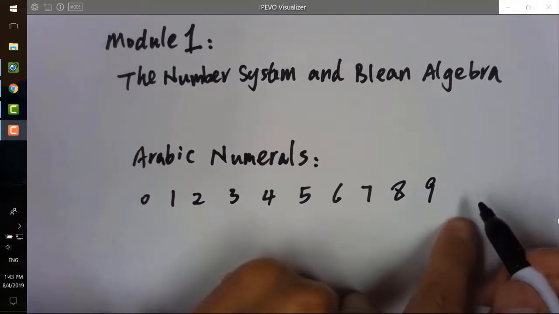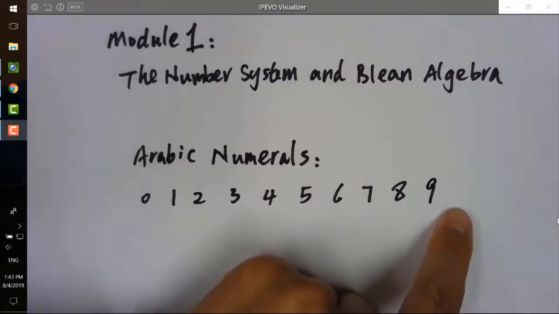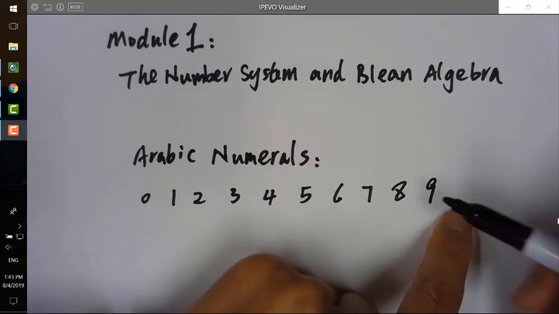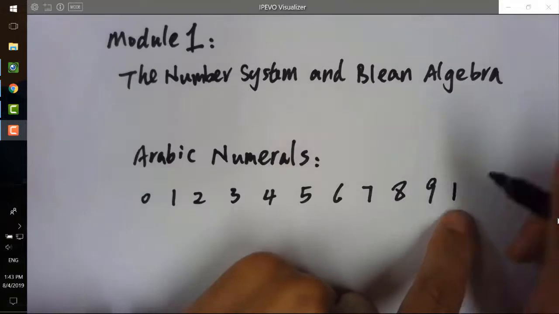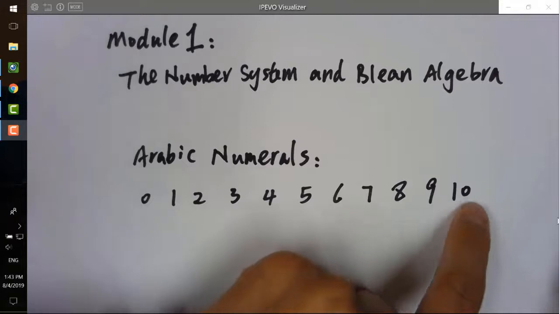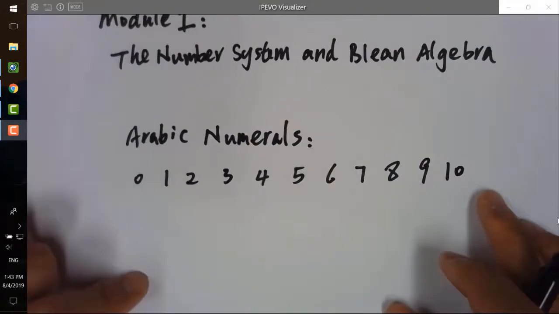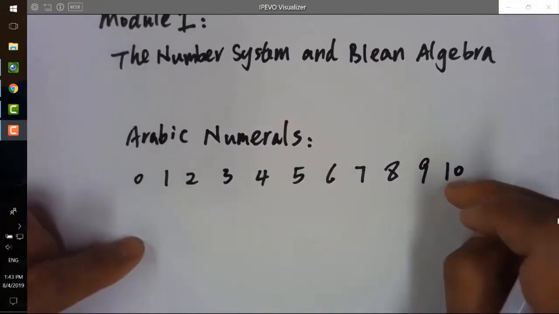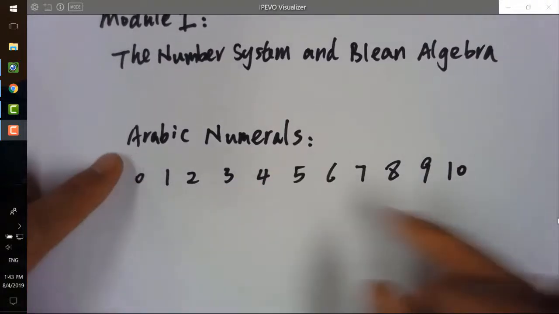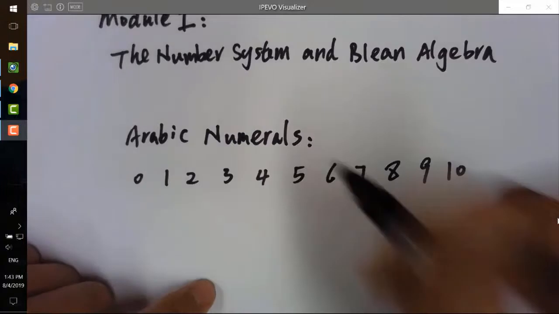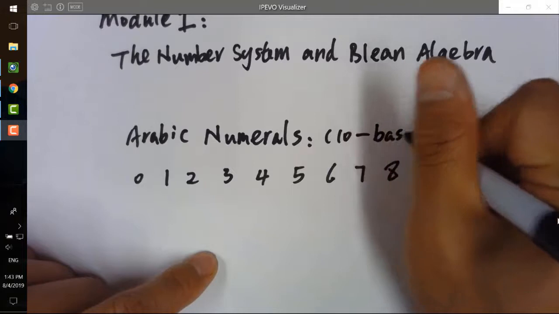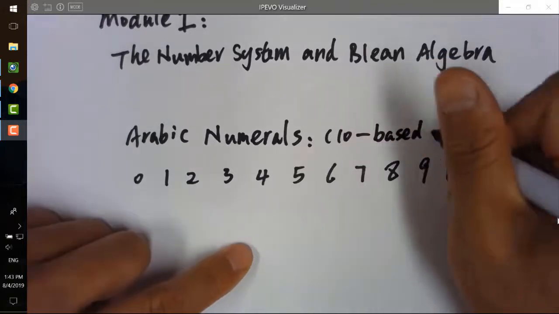And there's no single digit to represent 10. So when you want to have a 10 here, you have to have a carry and then reset the first digit to 0. So actually there's no number 10 as a single digit in Arabic numerals, right? That's why we call this a 10-based number system.